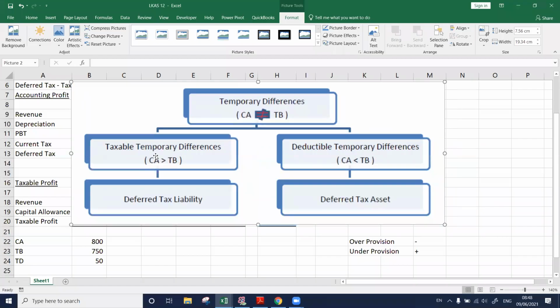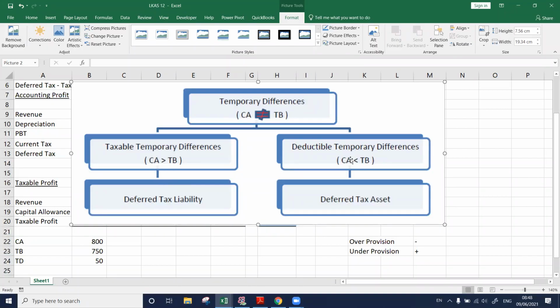If our carrying amount is greater than the tax base, then we say there is a taxable temporary difference. These taxable temporary differences will lead to a deferred tax liability.